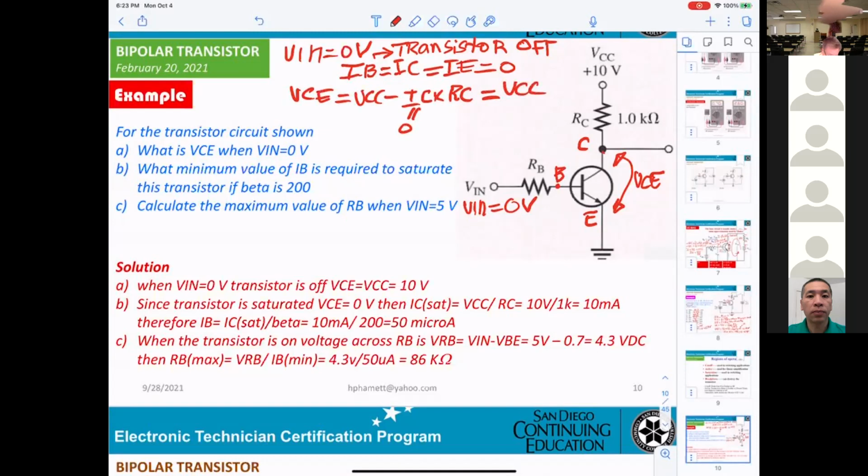So basically, it will be equal to 10 volt. That's what they gave you right here. Make sure you understand why it is 10 volt. Zero times any number is zero, so you don't have anything on that side from the current.